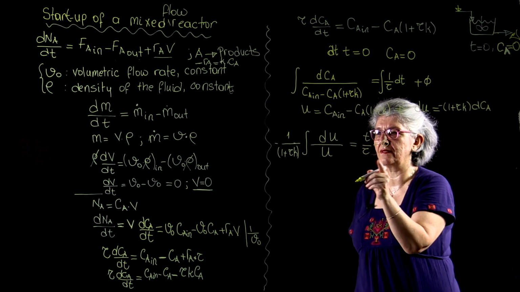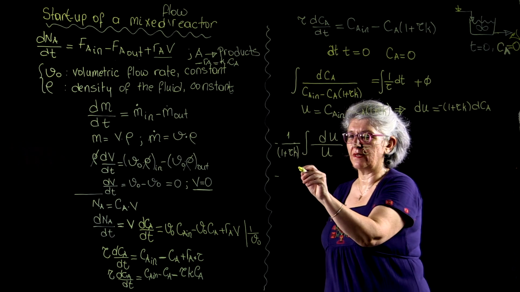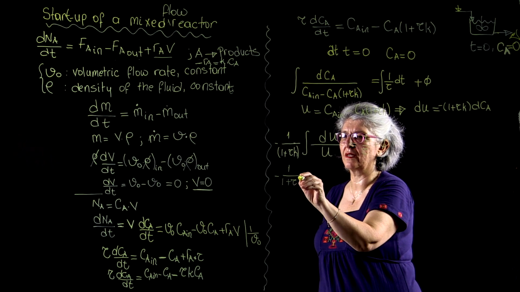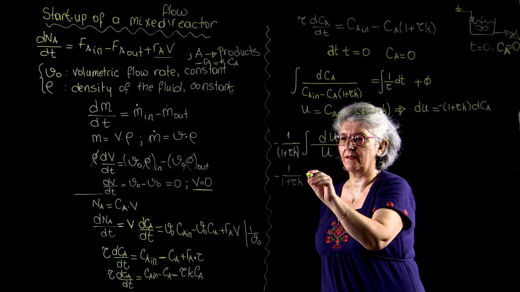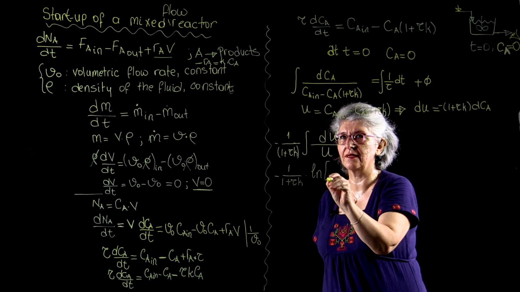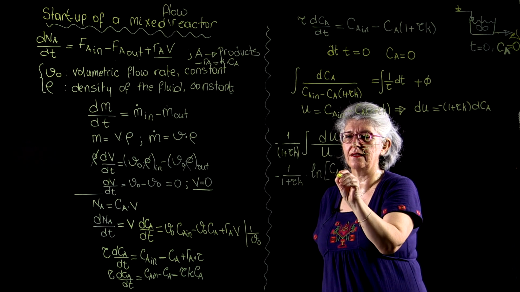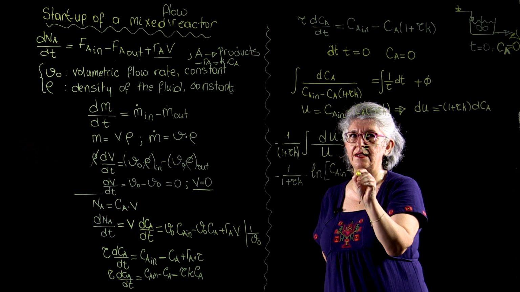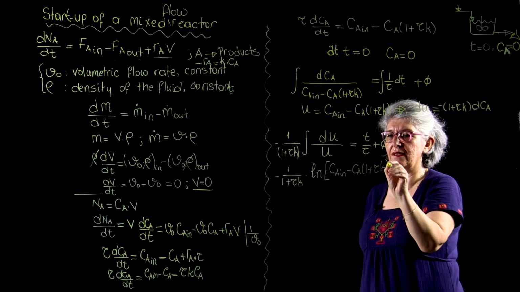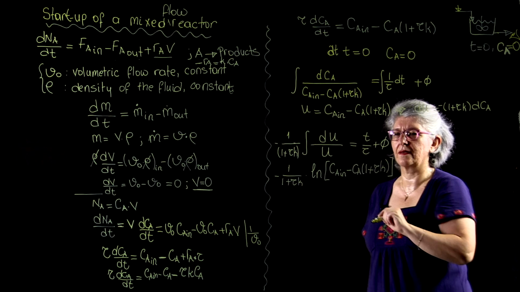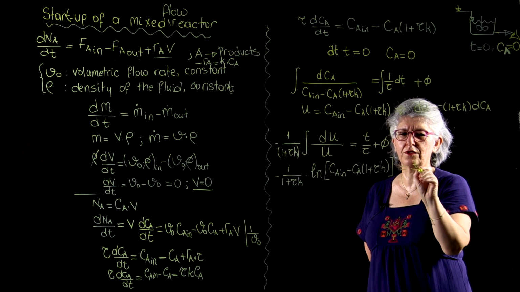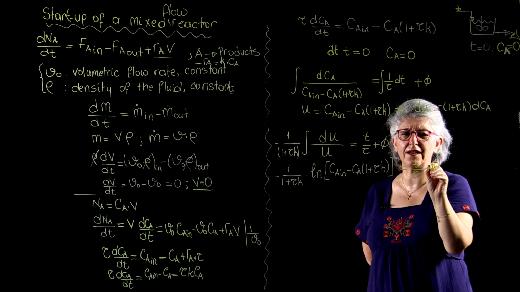I will carry out this algebra as 1 over 1 plus tau k times ln of u, and u is this, Ca,in minus Ca times 1 plus tau k, which is equal to t over tau plus phi.